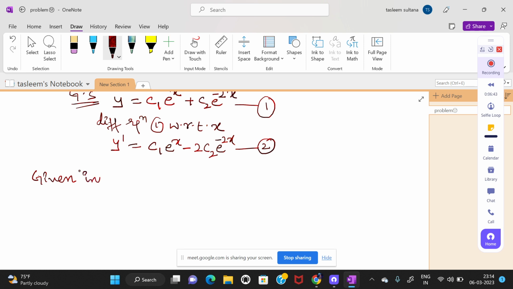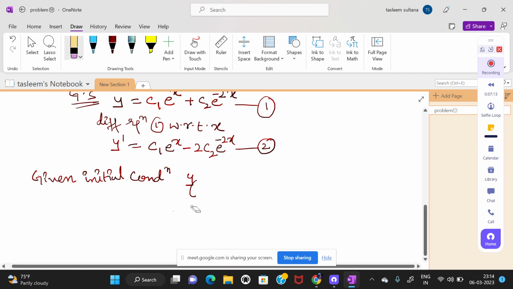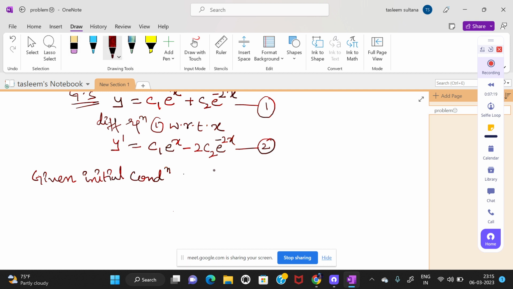Given initial conditions: y of 0 is equals to 4.